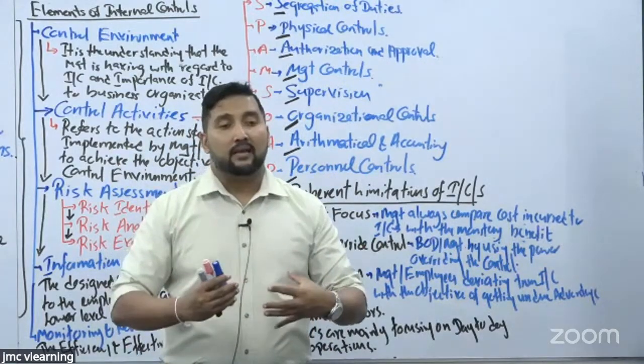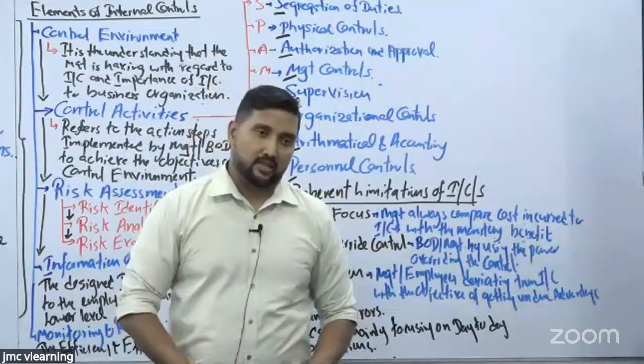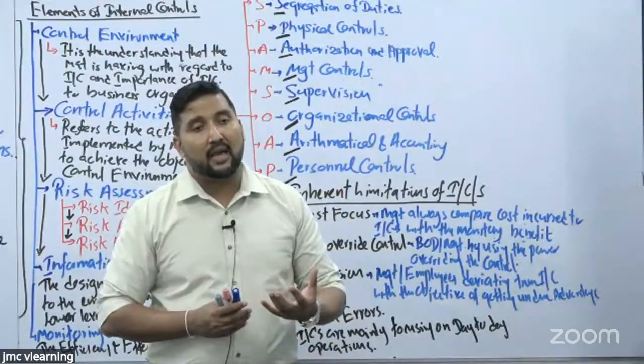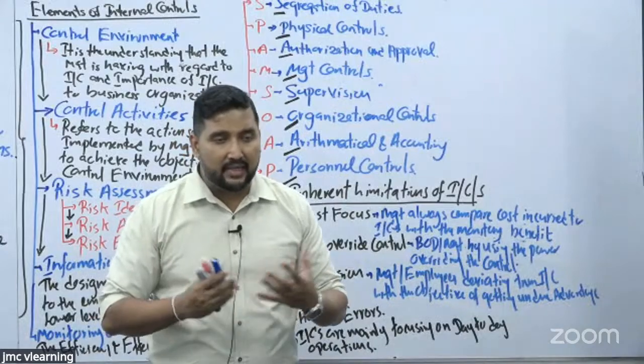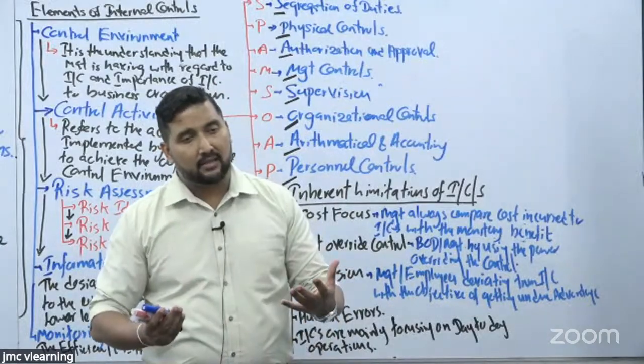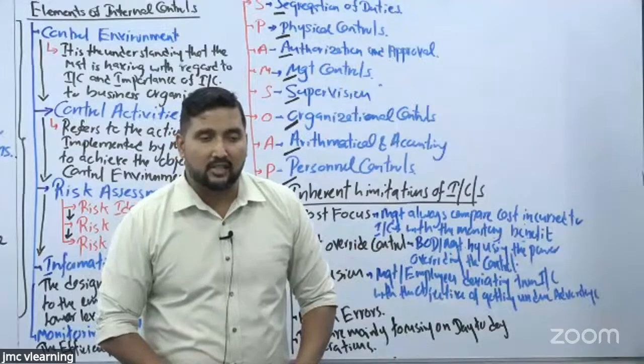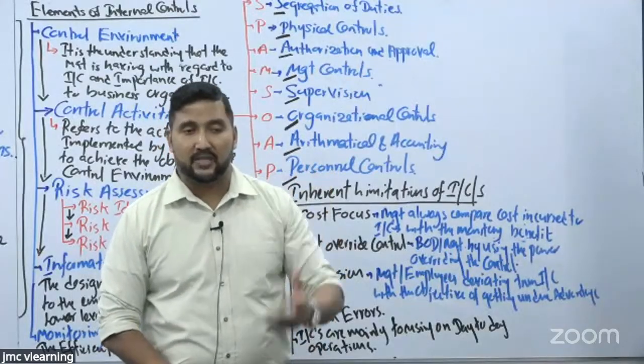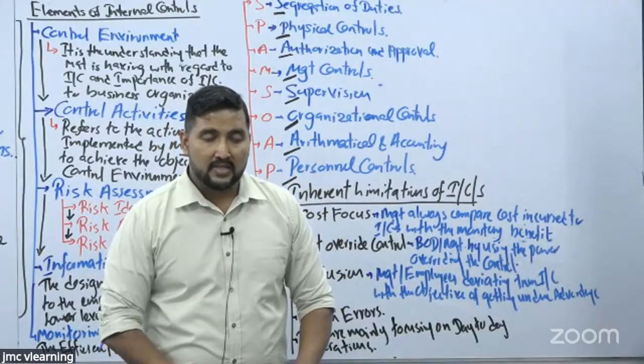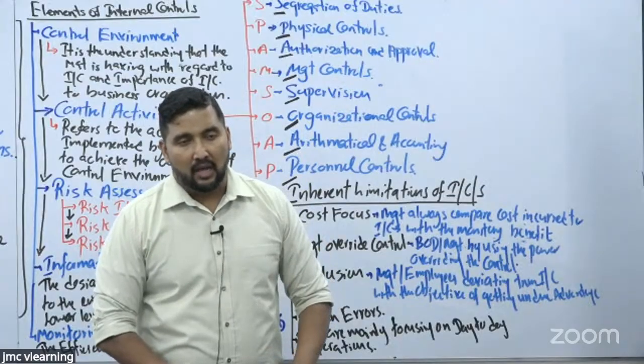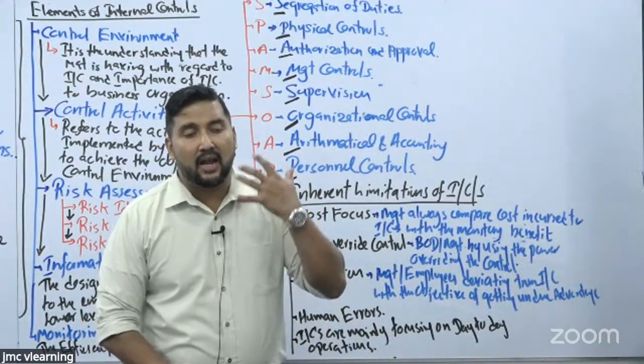But let's say an ad hoc transaction, because a business organization may have 90% day-to-day transactions, but 10% they will be having ad hoc transactions as well. So for an example, let's say fixed asset purchase. Fixed asset purchase will not be done on a daily basis.